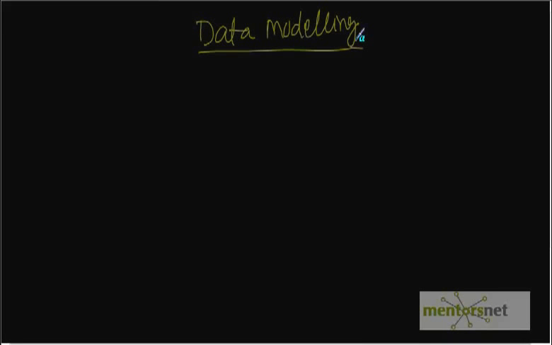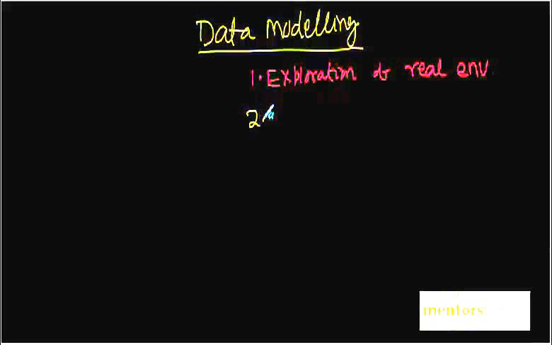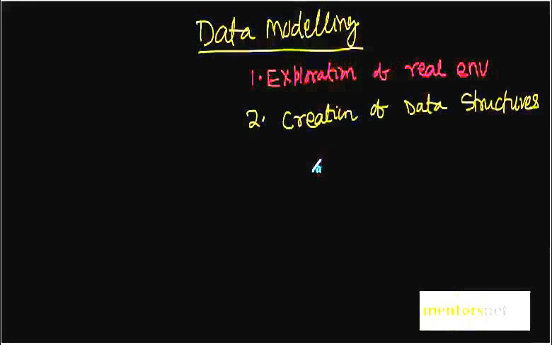Data modeling is a process of exploring what kind of data needs to be stored, and then creating data structures accordingly. So this is a two-step process. Step one is exploration of the real environment, and the second step is creation of data structure.